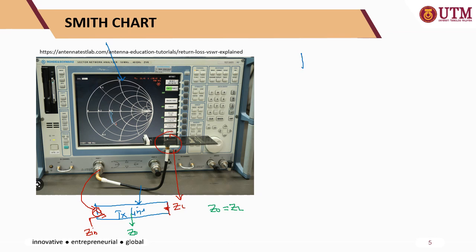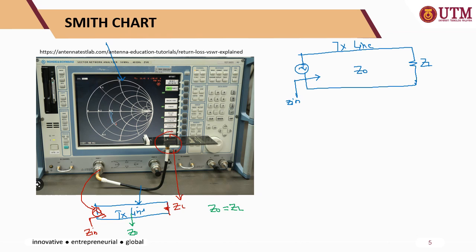Okay, so let's recall back the transmission line circuit. So you have a transmission line and you have your load, and you have the characteristic impedance in between the transmission line, and then you have the Zin.